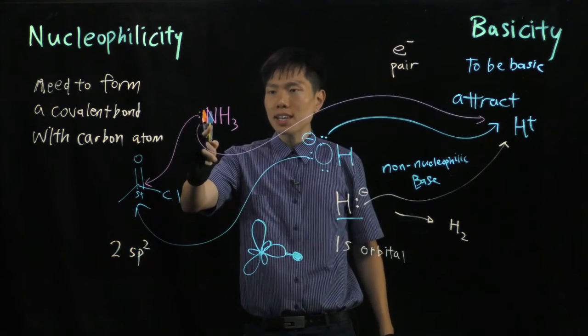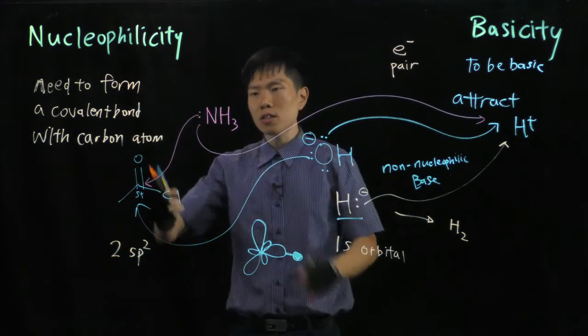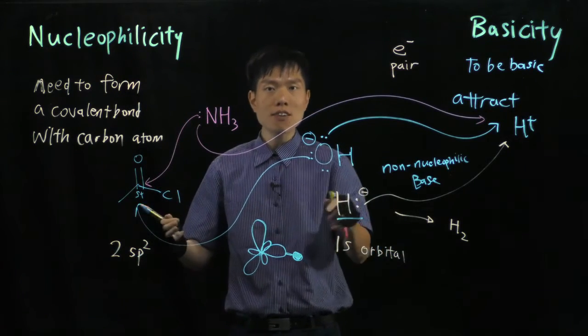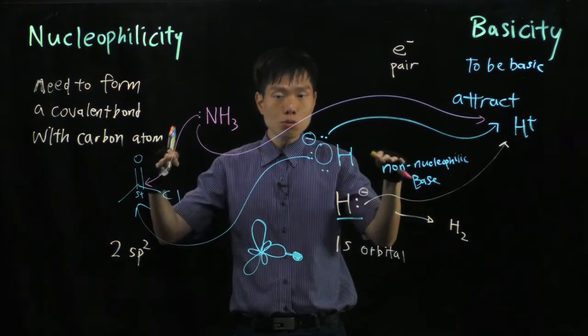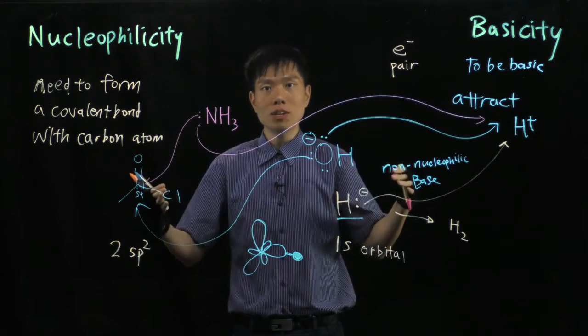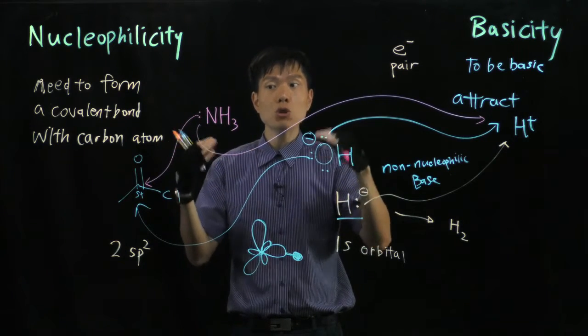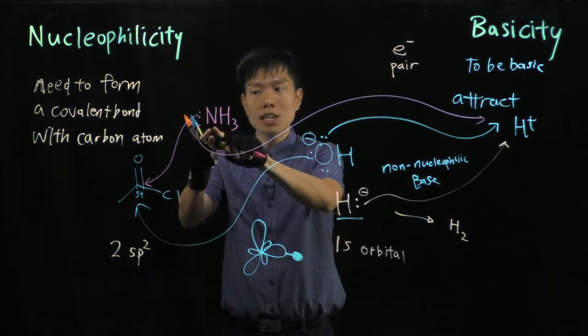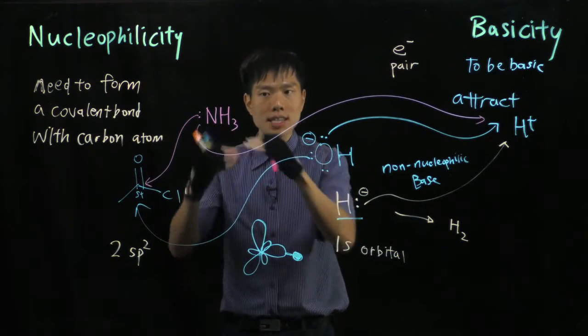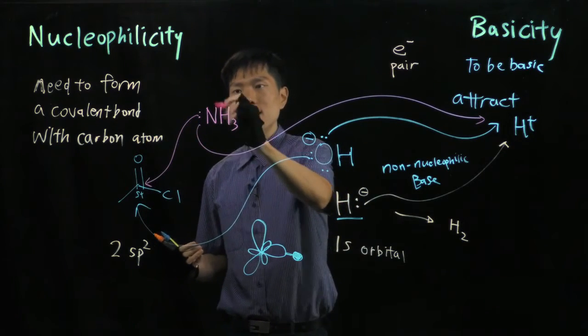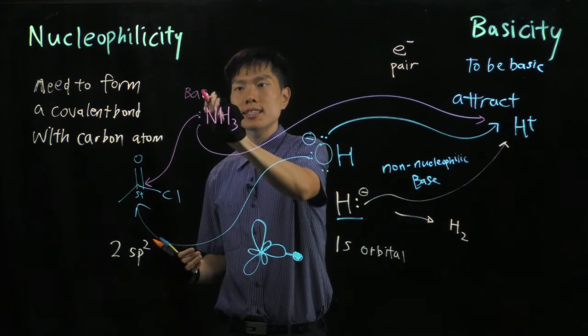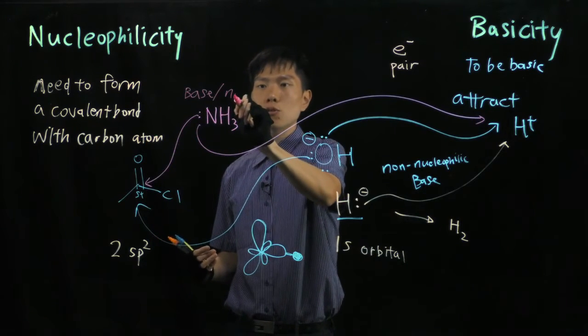So why is nitrogen able to act as a nucleophile? Because nitrogen and carbon are from the same period, period number 2. So that means the energy of the orbitals and the size are relatively the same. That means now we have an efficient overlap between the orbitals of nitrogen and carbon to form a bond easily. So in this case, it's both a base and a nucleophile.